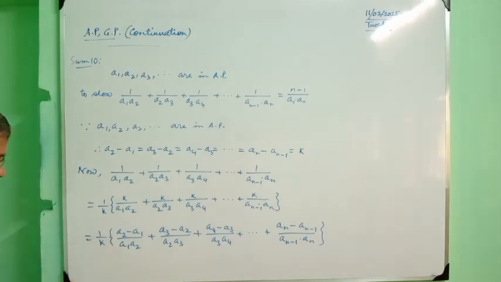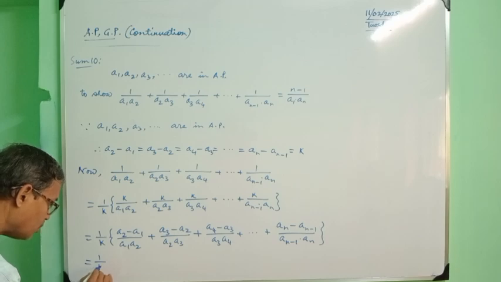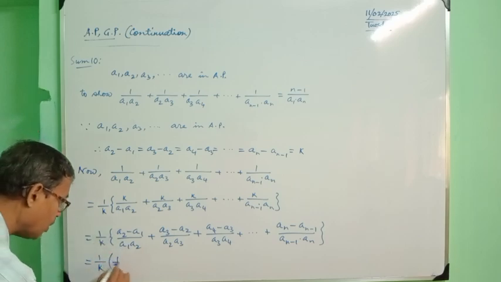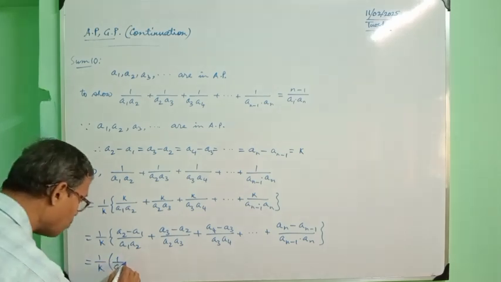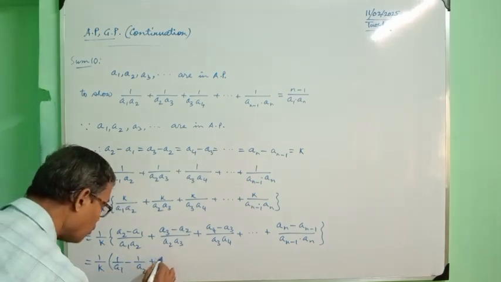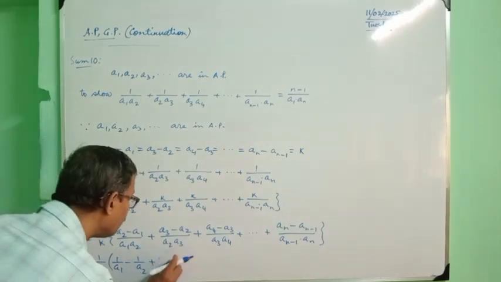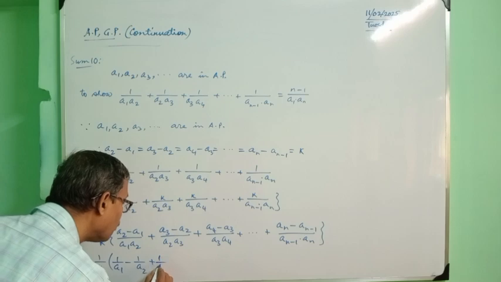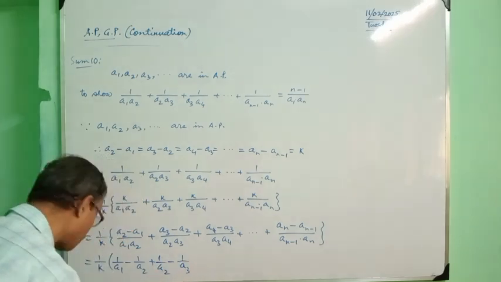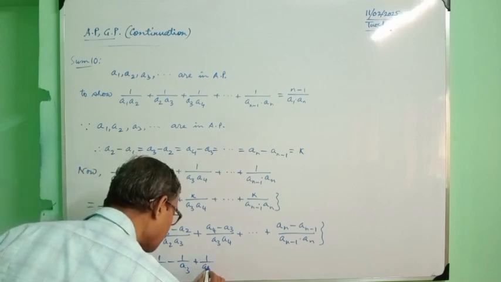Note this step. Now we just apply the distributive law of division: 1 by A1 minus 1 by A2, plus 1 by A2 minus 1 by A3, and so on.